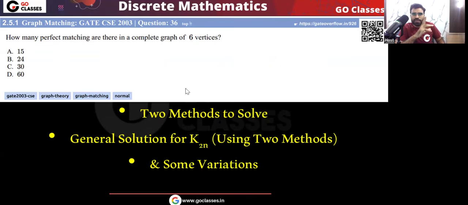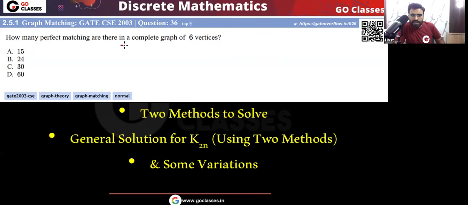Okay. And remember, if your graph has an even number of vertices, then perfect matching may or may not exist. This we have already seen in our lectures. If your graph has an odd number of vertices, then perfect matching does not exist, so the number of perfect matchings is 0. And if your graph has an even number of vertices, then perfect matching may or may not exist.